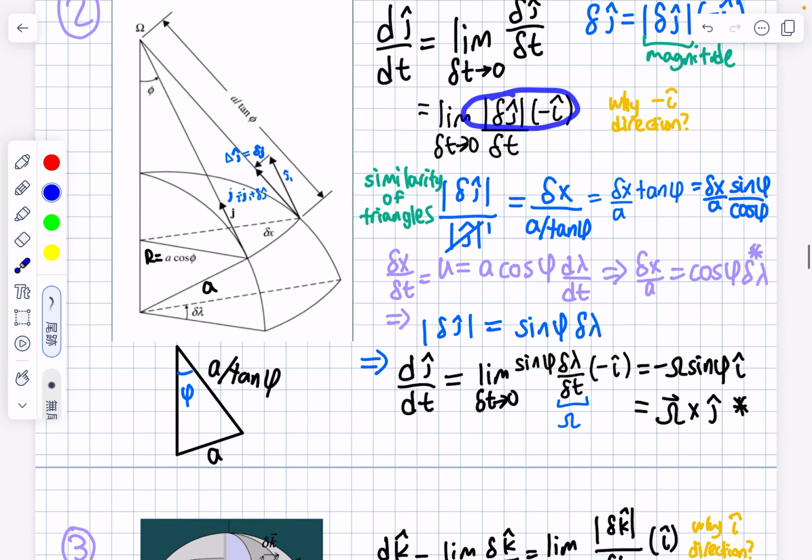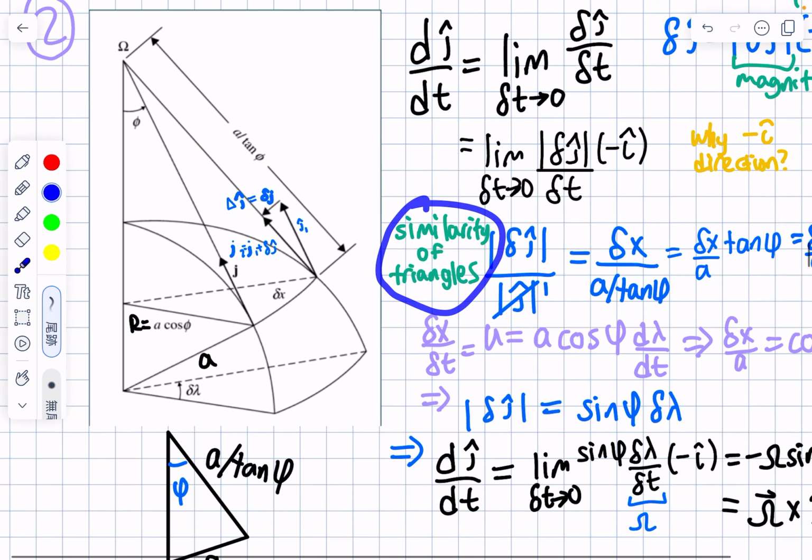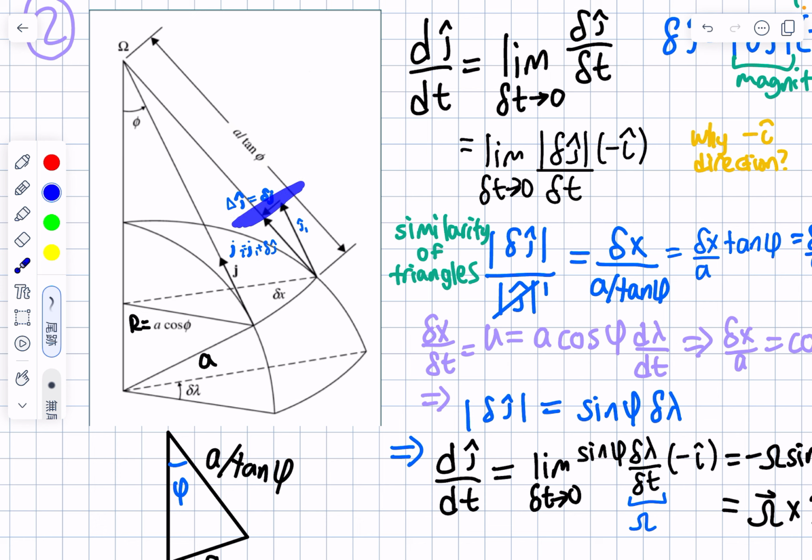So we're going to use something called the similarity of triangles rule. It's like a proportionality between triangles of different sizes, where the proportions still stay the same. So we have this upper part, dj, over the magnitude of dj, which is actually dj1.